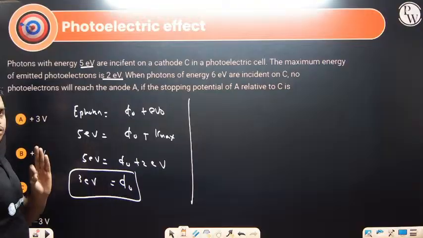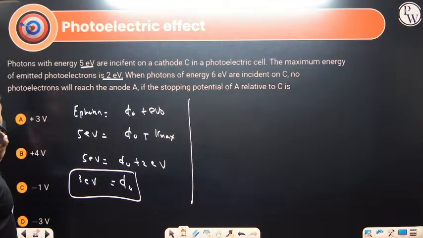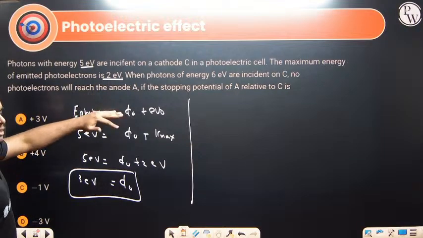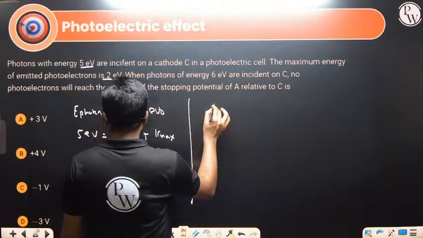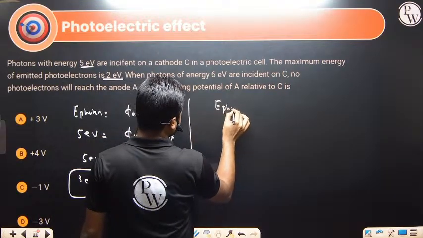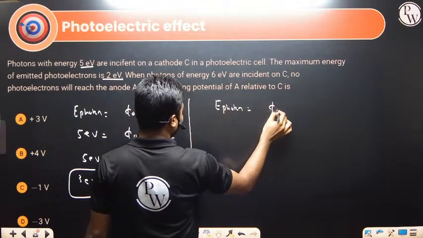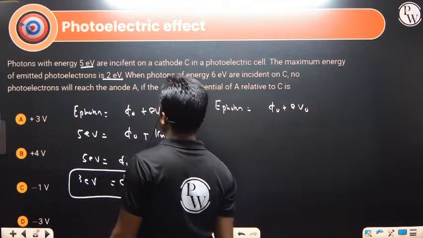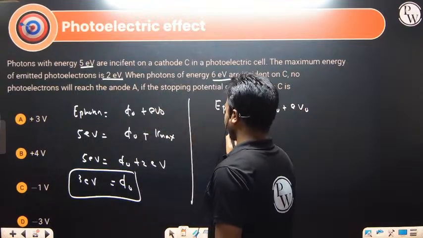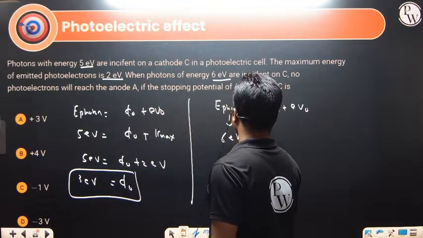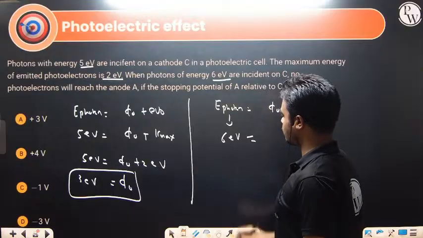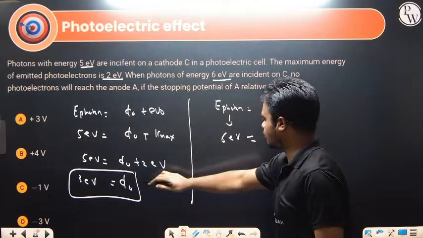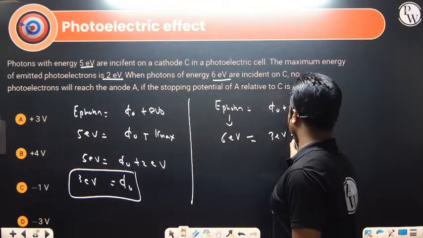Suppose photons of energy 6 eV are incident on C, and no photoelectrons will reach the anode A. In this case, the energy of the photons is again phi naught plus eV naught. The energy is 6 eV, and the work function we got from before is 3 eV, plus eV naught.